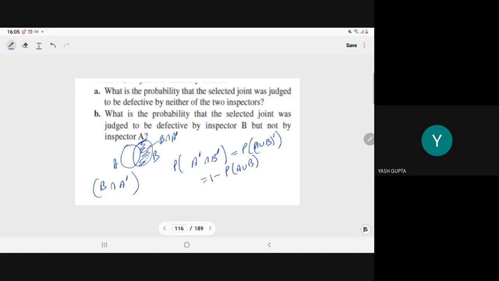So from B we have to subtract the common portion, minus P of A intersection B. And P of A intersection B, by the general addition rule, is P of A plus P of B minus P of A union B.